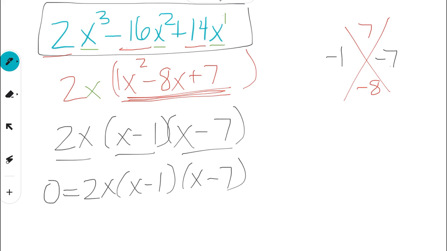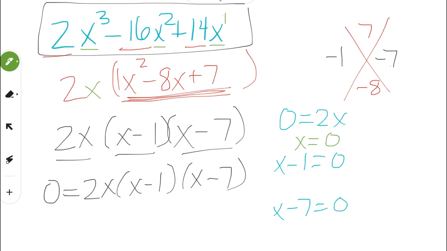Using the zero product property, we can state that 2x is equal to 0, that x minus 1 is also equal to 0, and that x minus 7 is also equal to 0, which means that x is equal to 0, x is equal to 1, and x is equal to 7. You could either divide everything by 2 here, add 1 here, or subtract 7, or ask yourself 2 times what will give you 0, what number minus 1 will give you 0, and what number minus 7 will give you 0.